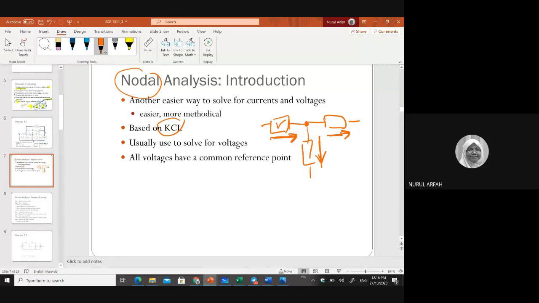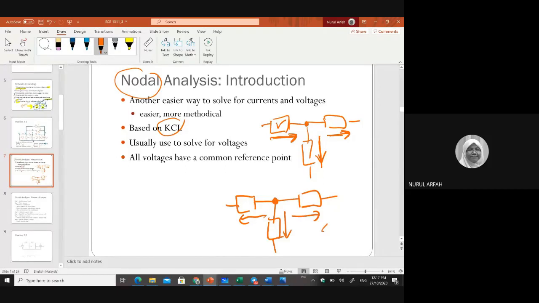If you go to other classes or other videos, maybe from other instructors, they will use something like this, where the current is leaving the nodes, because they want to simplify your life.